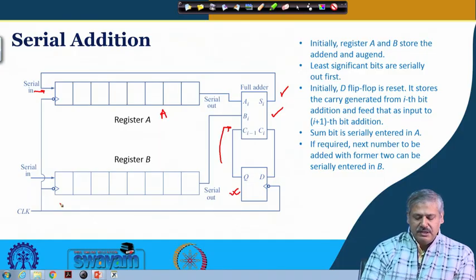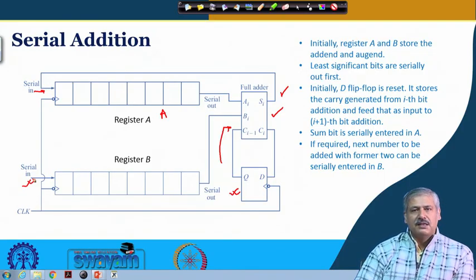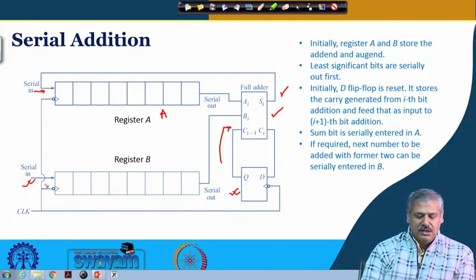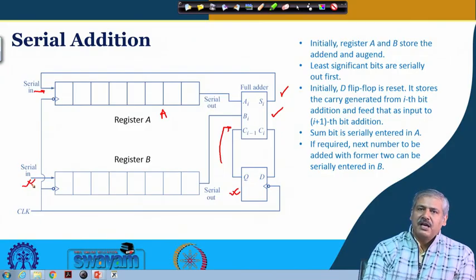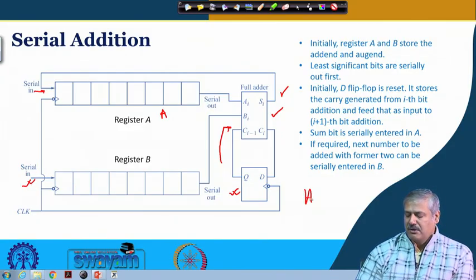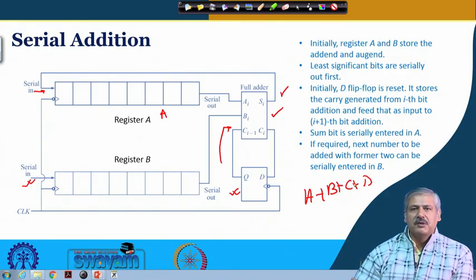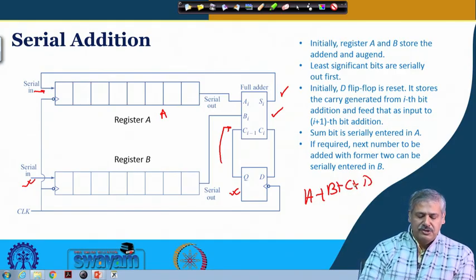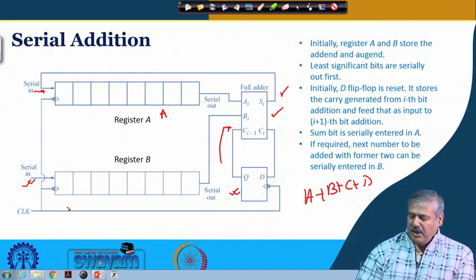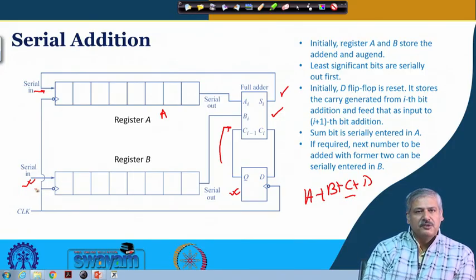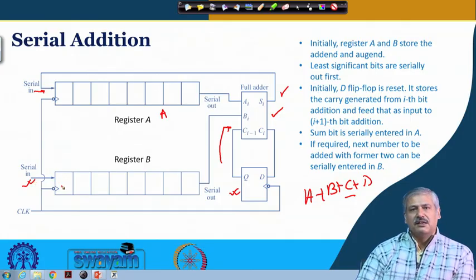What happens to register B? At the serial in that is there, we can put another number. So, if you are looking for consecutive addition of A plus B plus C plus D, more than 2 numbers, we can make C enter at that time through this particular serial in.